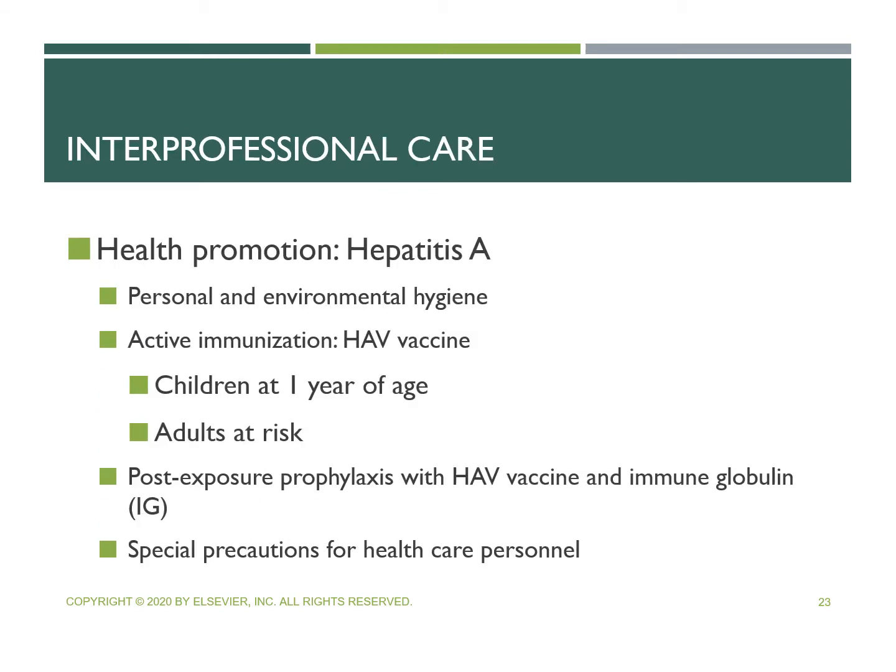Preventative measures for hepatitis are covered on table 43-9 in your book. If you're looking at health promotion for hepatitis A, personal and environmental hygiene is important, as well as immunization. Children at 1 year of age are immunized, as well as adults at risk. And also there is post-exposure prophylaxis and special precautions for healthcare personnel.